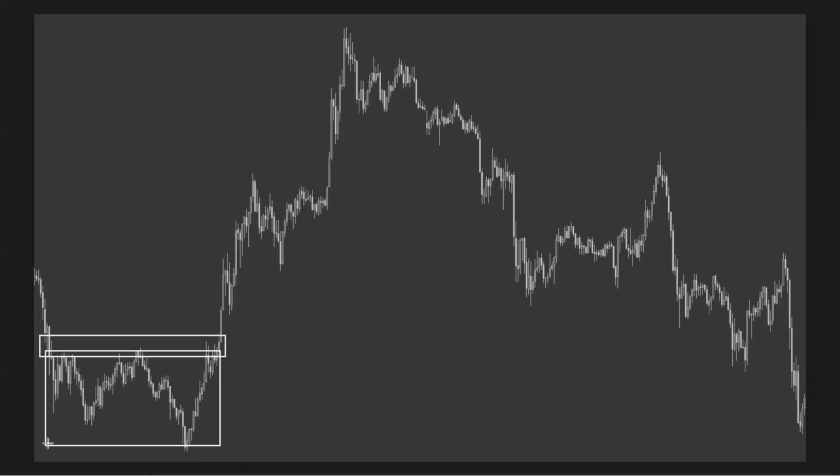Okay. But of course, when one side is exhausted or weak, or a large order or orders come into the market, in this case, an influx of buyers, then the market will move out of balance. Okay, the market moves out of balance.